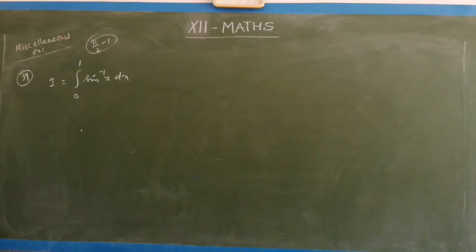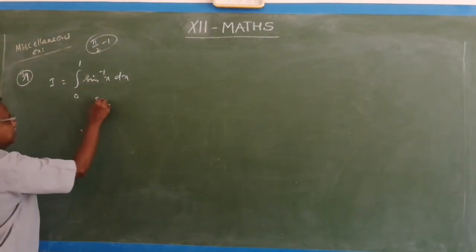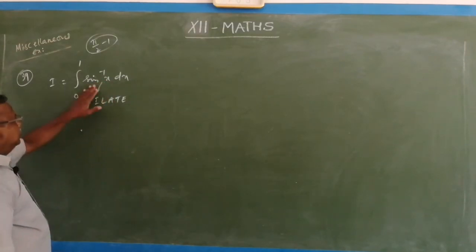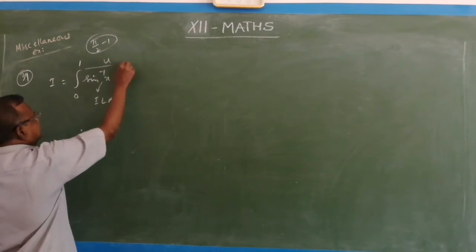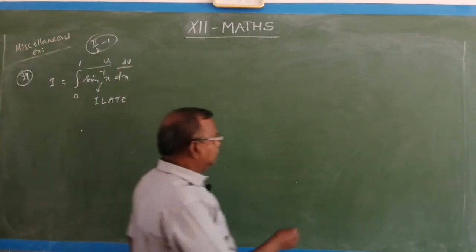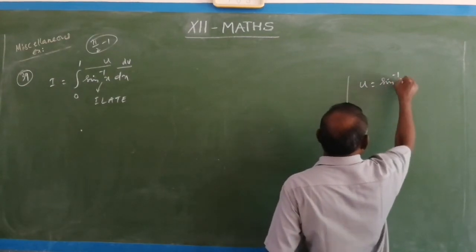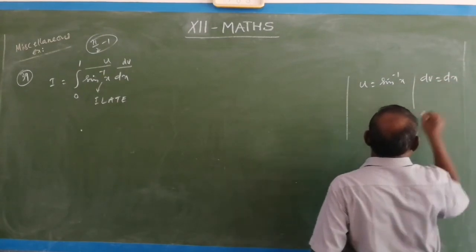Now, we cannot directly integrate sin inverse of x, so we need integration by parts according to the preference order. Inverse trigonometric ratio, so we take this part as u, and this is dv. So, take u equal to sin inverse of x and dv equal to dx.